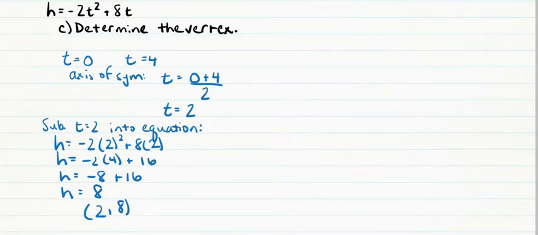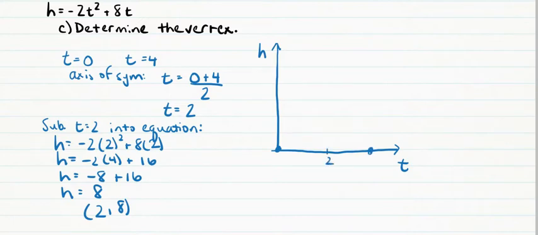Okay, we could sketch a quick graph based on all of the information that we have here. So this is the t-axis, and this is the h-axis. We know that the ball starts from a height of 0 meters at 0 seconds and returns back to the ground level at 4 seconds.